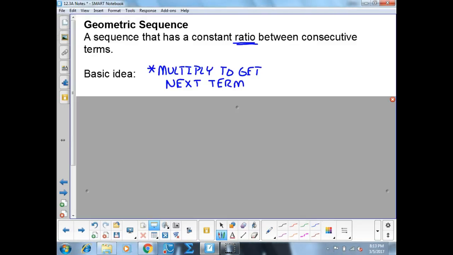So that means if I am looking for R, my constant ratio R, I don't know why that was in blue, it should have been in red. If I'm looking for my R term, I'm going to take any term and divide it by the term right before it.